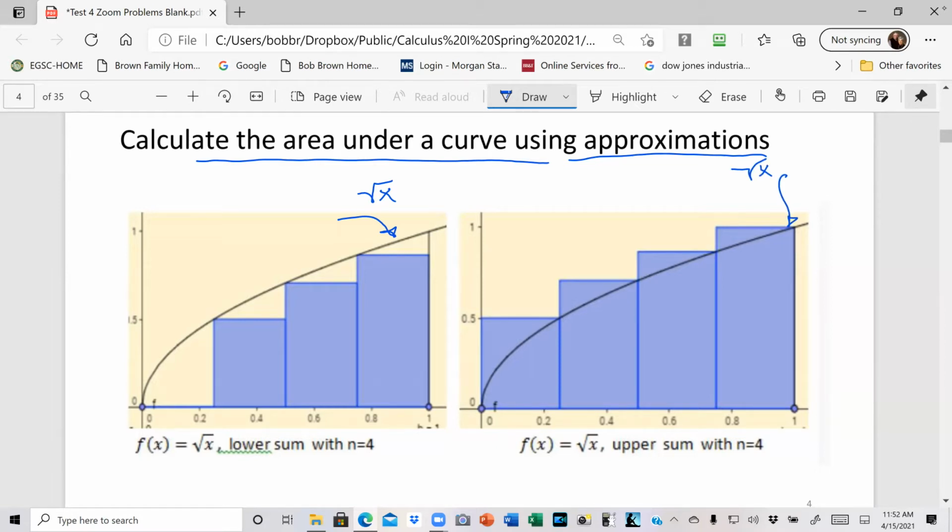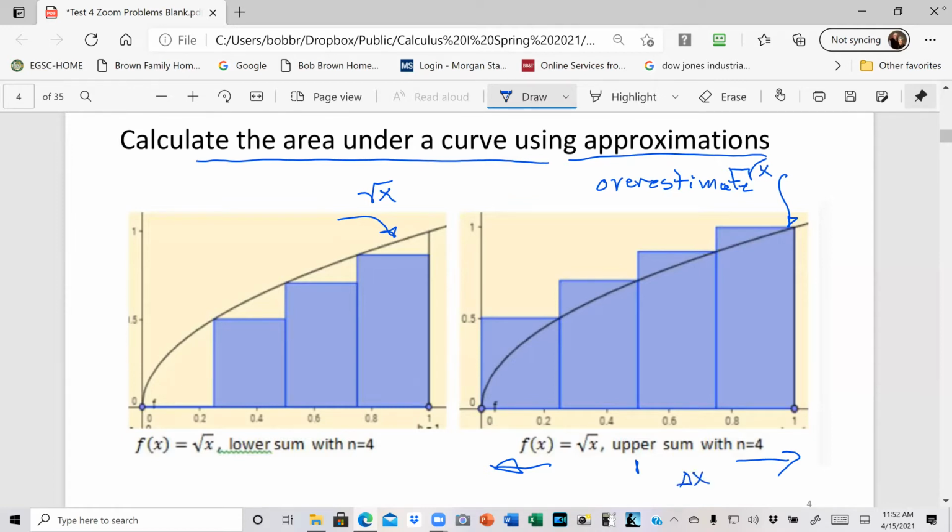And if you want to get an overestimate, here we're just simply going to divide it into 4 rectangles.